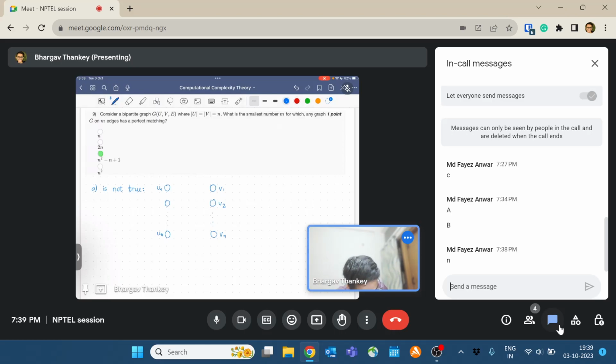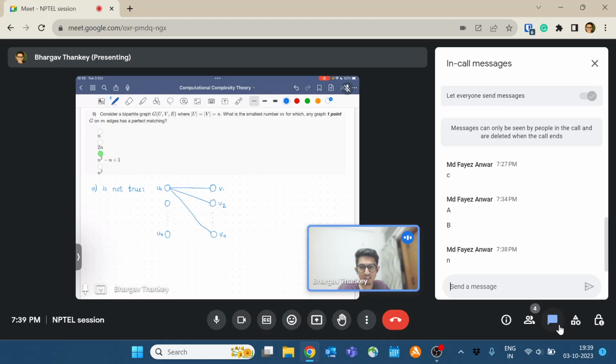There is an edge between U1 and V1. There is an edge between U1 and V2. And there is an edge between U1 and Vn. And these are the only edges. So the graph has n edges, but it does not have any perfect matching, right?